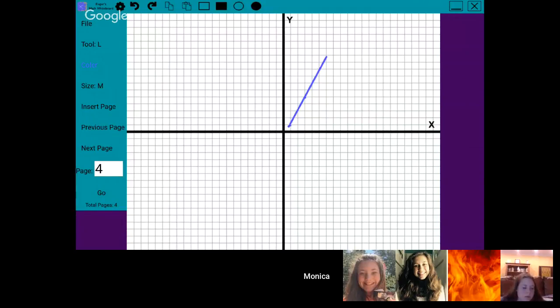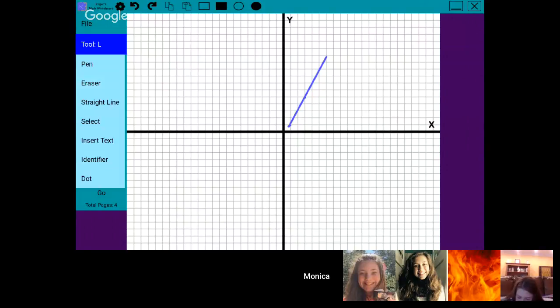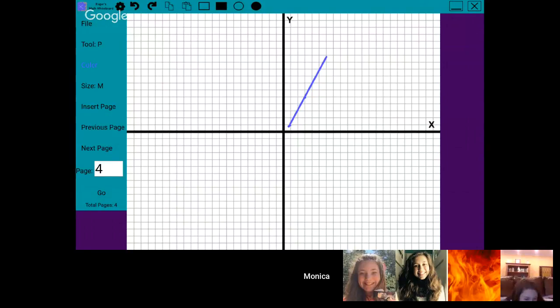Okay, Charlotte Ann. So for number 23, if we start there, you have point A here and point B here. And then there's this line that goes through them.